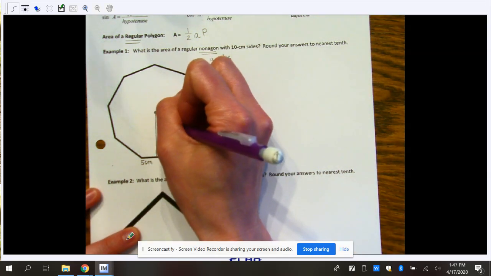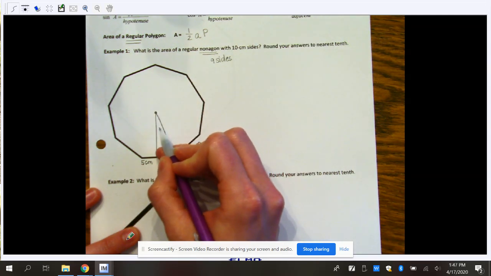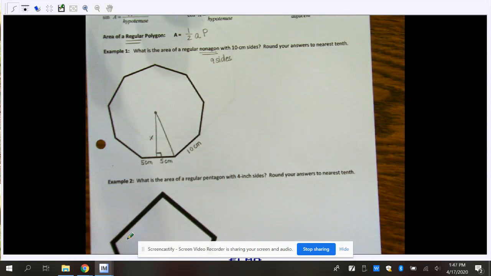So what we need to do is figure out what this angle is, so that I can use either a special right triangle relationship or trig to find that side.